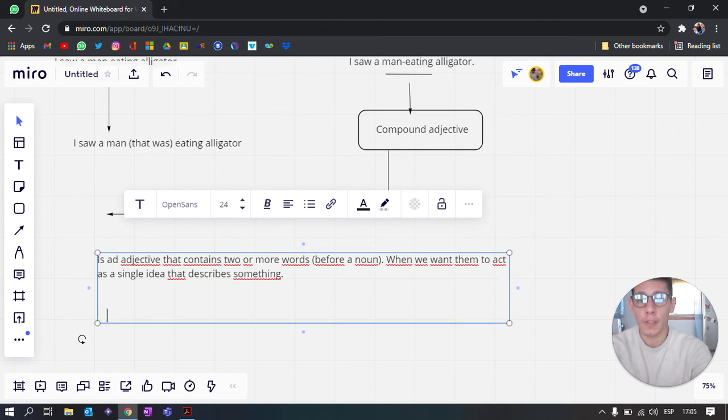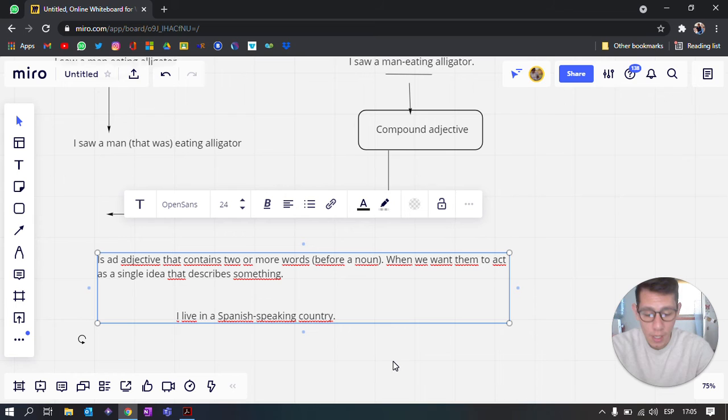For example, if we talk about Argentina, I can say I live in a Spanish-speaking country. Spanish-speaking is an adjective used to describe the word country.